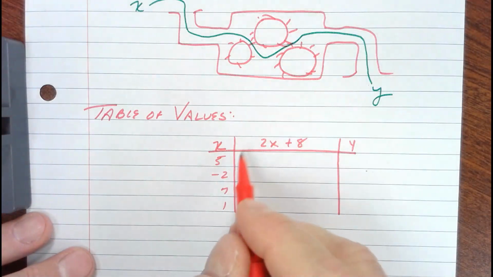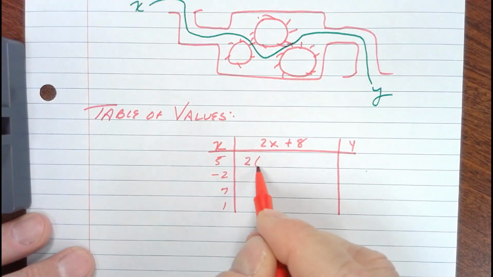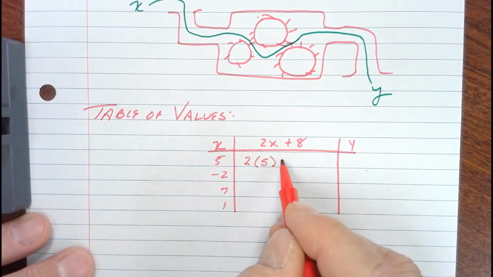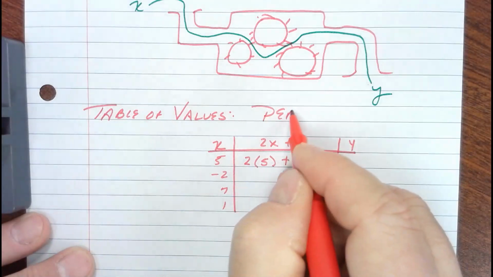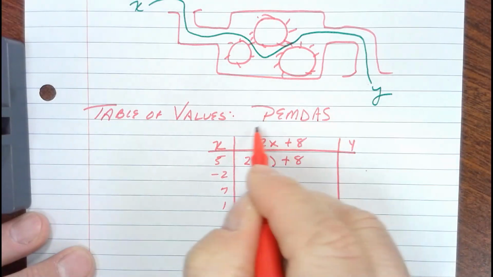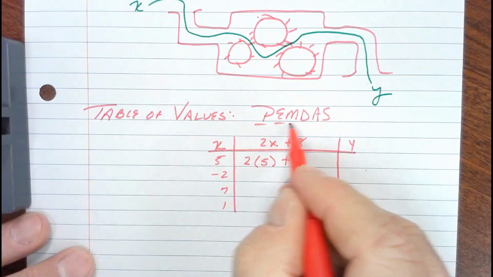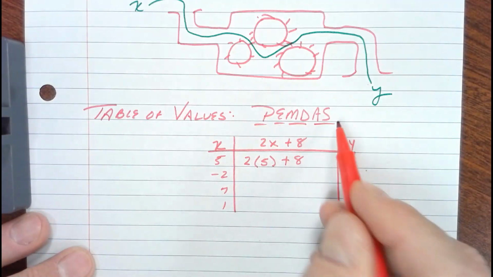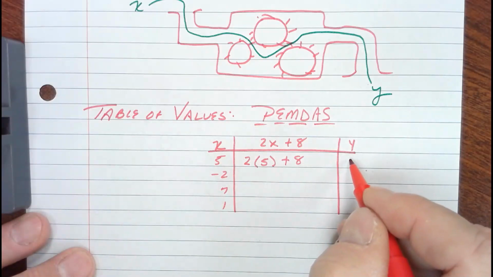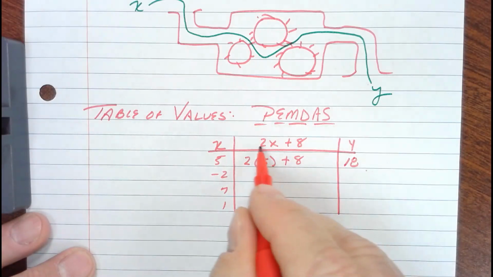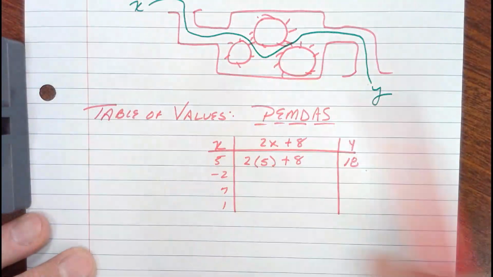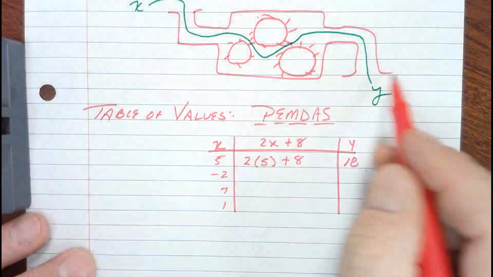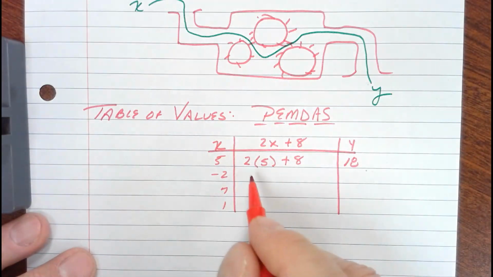And anytime you substitute a number in for a variable, you put it inside of parentheses and then follow PEMDAS, your order of operations: parentheses, exponents, multiplication and division, then addition and subtraction to get this value. Well, this 2x plus 8 is what this machine represents. It's multiplying and adding to get a value out at the end.